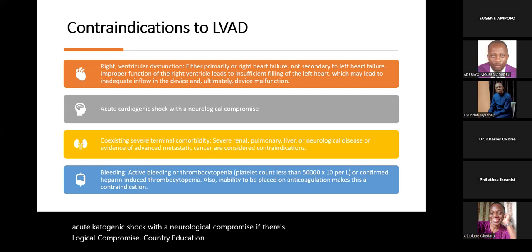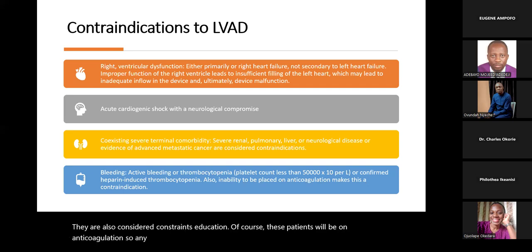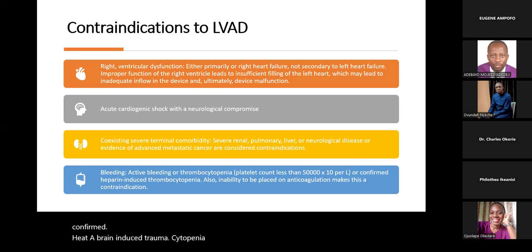Coexisting severe terminal comorbidity such as severe renal, pulmonary, liver or neurological disease, or evidence of advanced metastatic cancer are also considered contraindications. Of course, these patients will be on anticoagulation. So any active bleeding, thrombocytopenia, platelet count less than 50,000, or confirmed heparin-induced thrombocytopenia also makes this a contraindication.